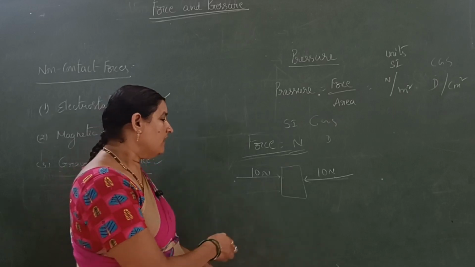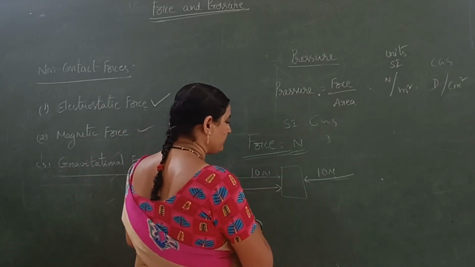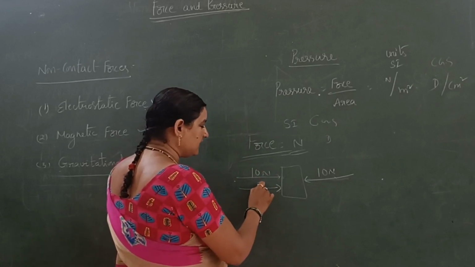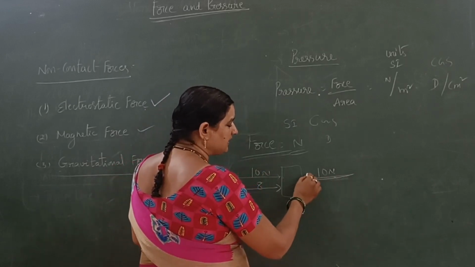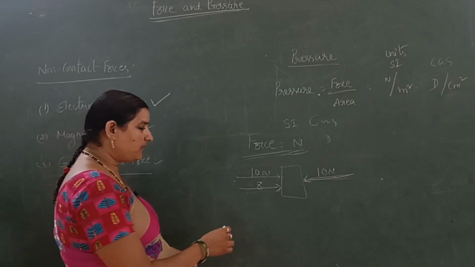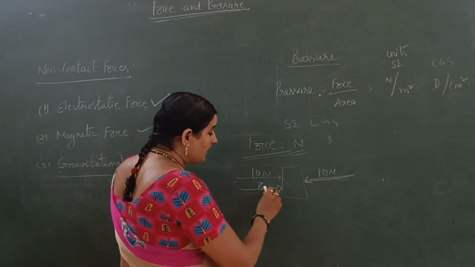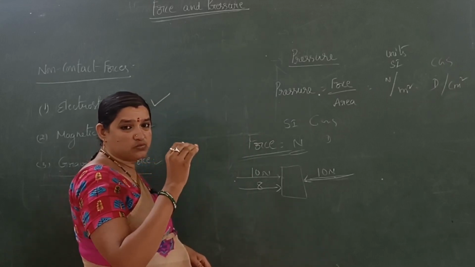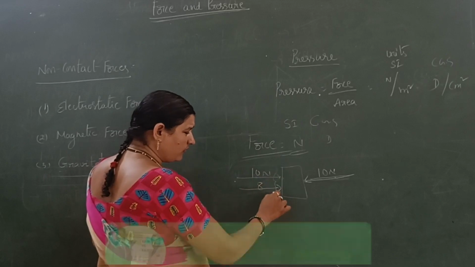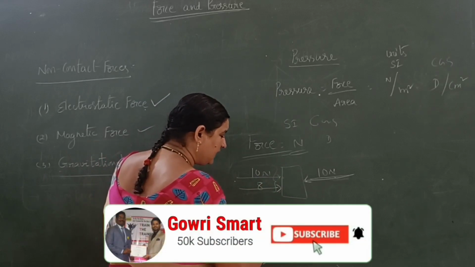Suppose we are applying force in both directions. Here it is 10 newtons, this is 8 newtons, but here it is 10 newtons. What happens to the object? In which direction does the object move? The object always moves in the direction of the greater force. The sum of the force here is 18 newtons.